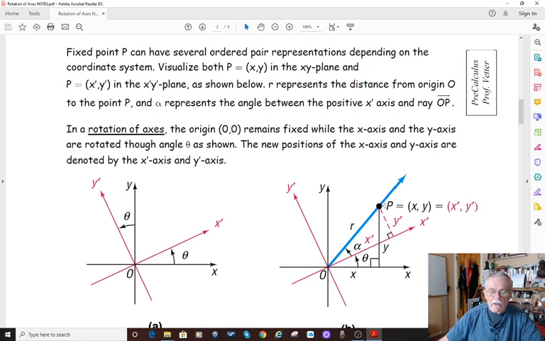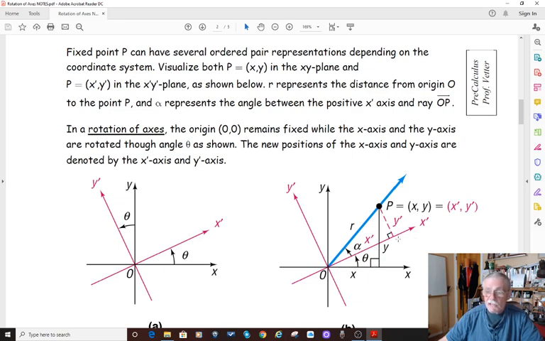However, if we take our coordinate system and rotate it by an angle theta, here's a picture of what that might look like, then we can see that in the x prime y prime coordinate system, y prime is a lot shorter than the original y.